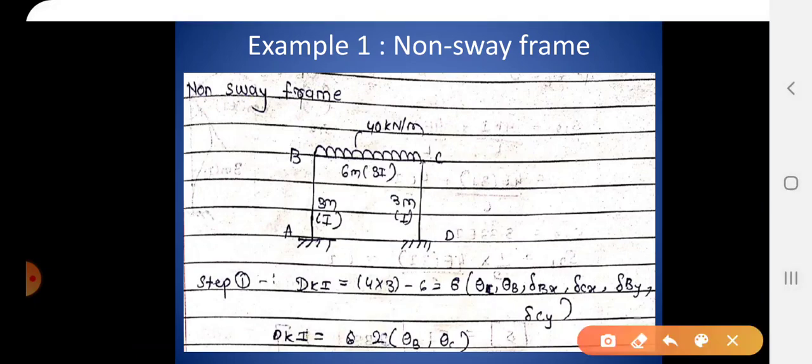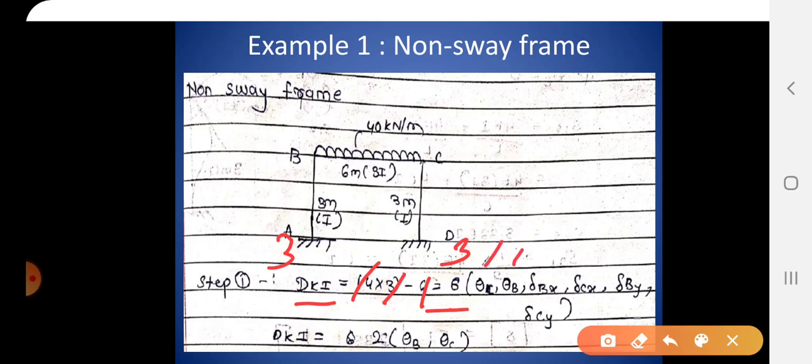Now step 1 is to find the degree of kinematic indeterminacy. Degrees of freedom 3 for a frame into number of joints A, B, C, D, 4, minus support reactions, 3 at fixed support A and 3 at fixed support D. So total 6 reactions. So DKI is 6. And what are these unknowns?